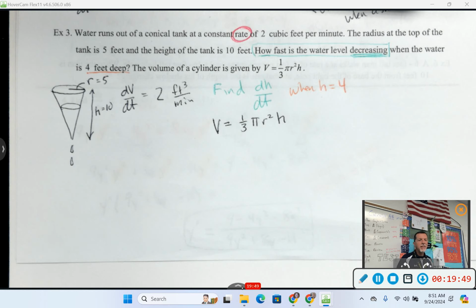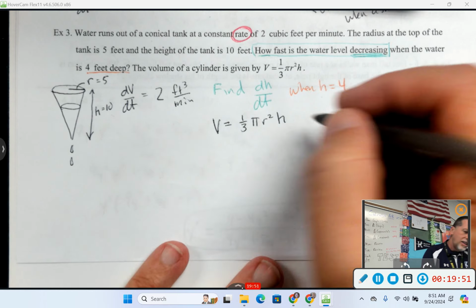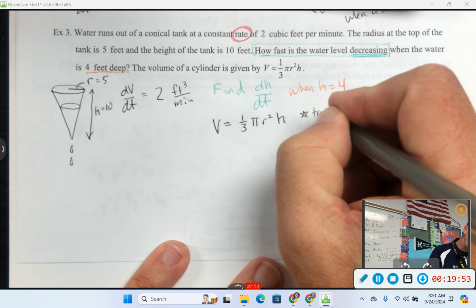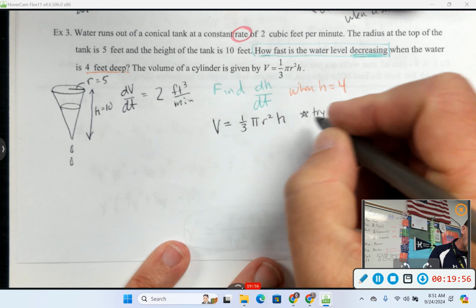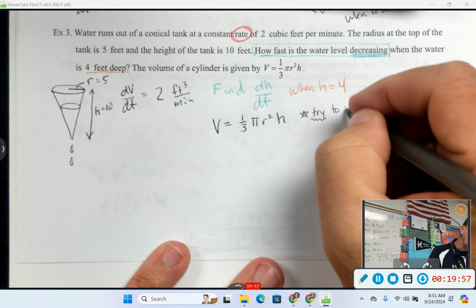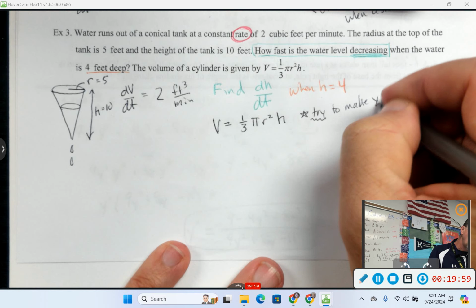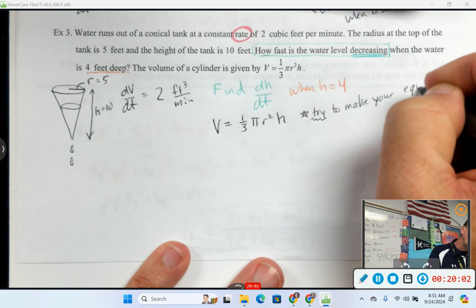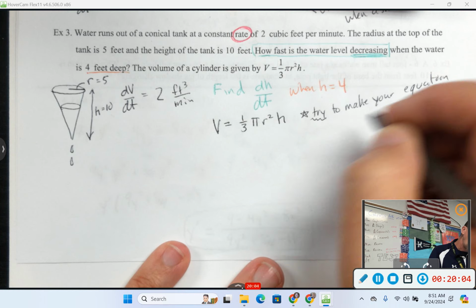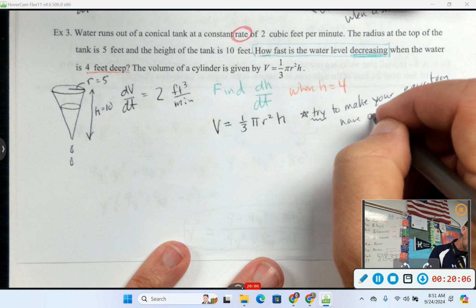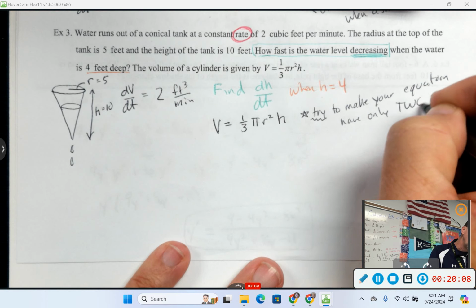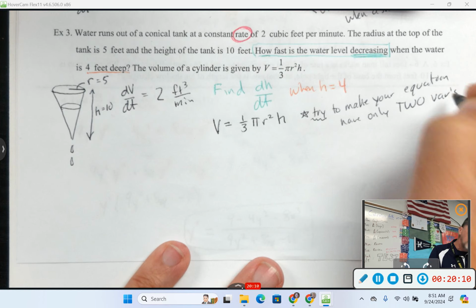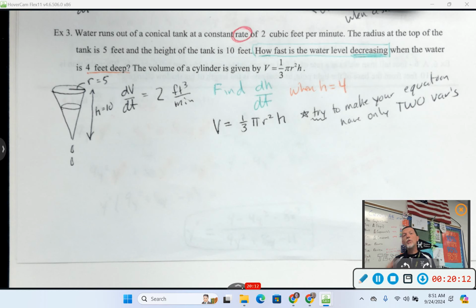It would be really nice, and you can almost always do it in here, to try to make your equation have only two variables.